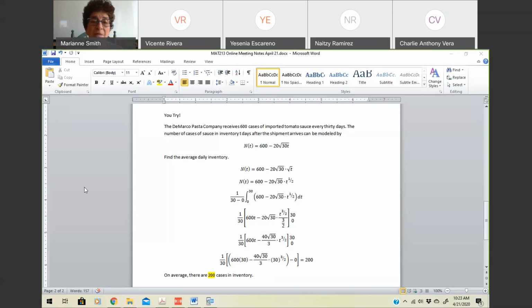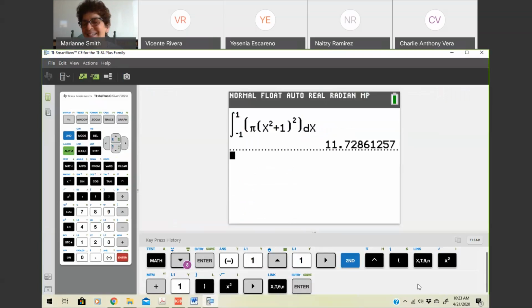Are you okay if I try this on the TI-84? Okay, let's move over there and see how that works. I haven't tried it yet, so if it doesn't work, don't blame me.